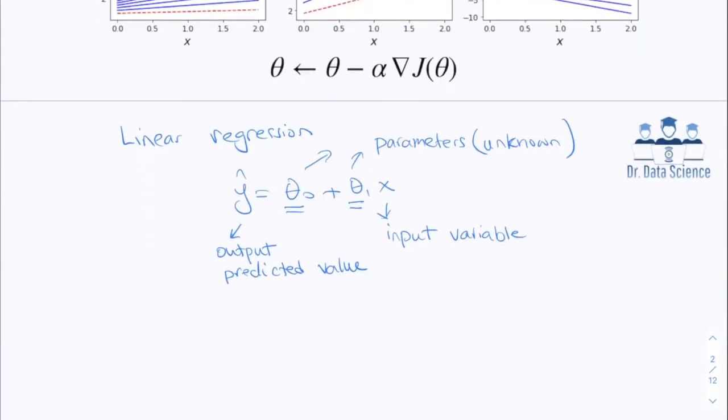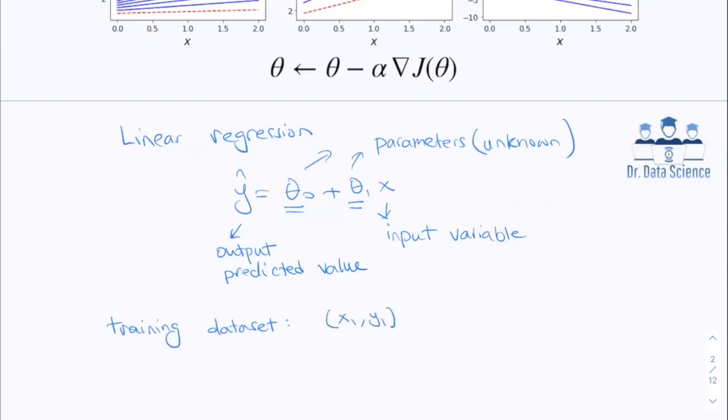And the goal of linear regression is to find these two unknown parameters, theta 0 and theta 1, using a training data set. So we have a training data set, which consists of these observations, x1 and y1.